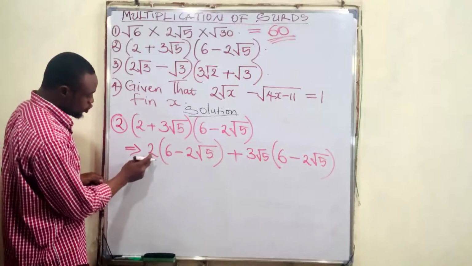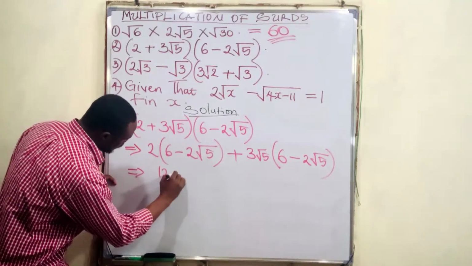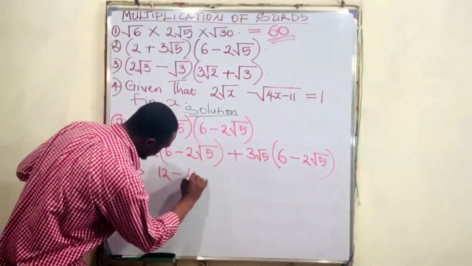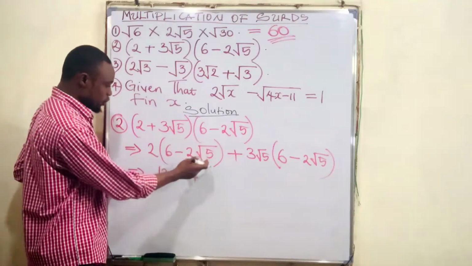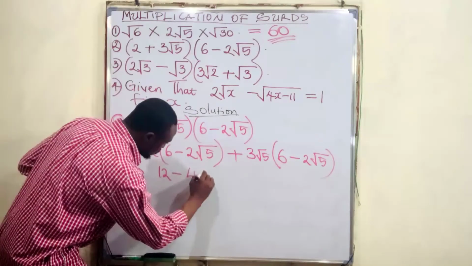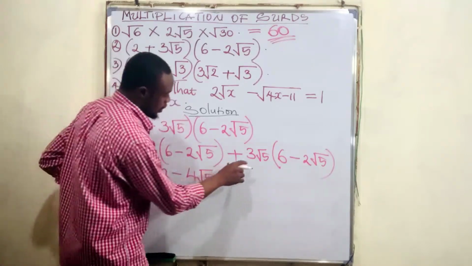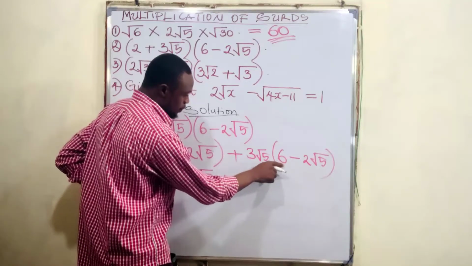Okay. Now 2 multiplied by 6 here is what? 12. Minus 2 multiplied by 2 here is what? 4. So this 2 cannot multiply what is inside the root. So we leave the roots like that. So this is root 5. Plus, now the 3 that is outside multiplies this 6 here.